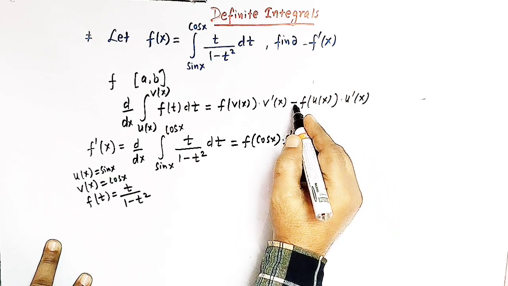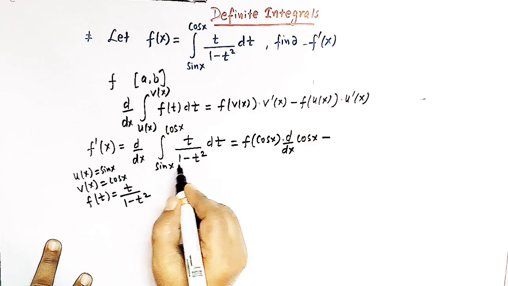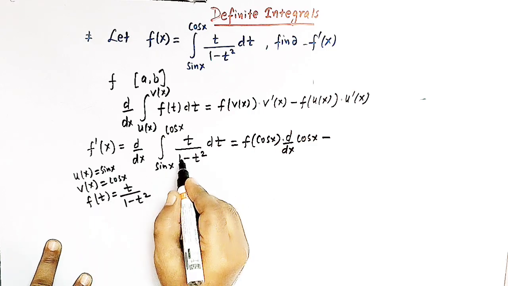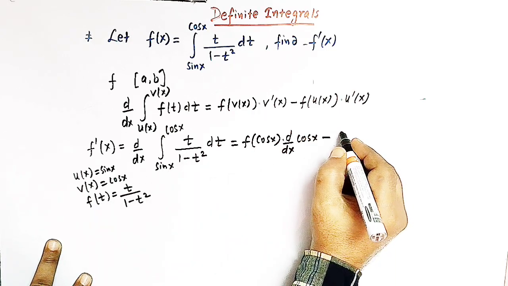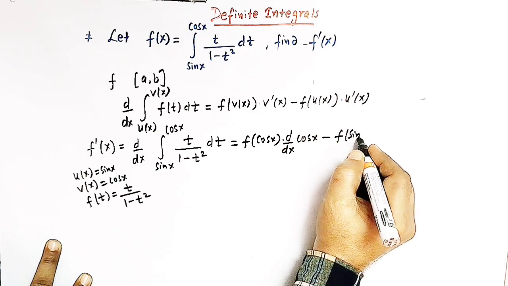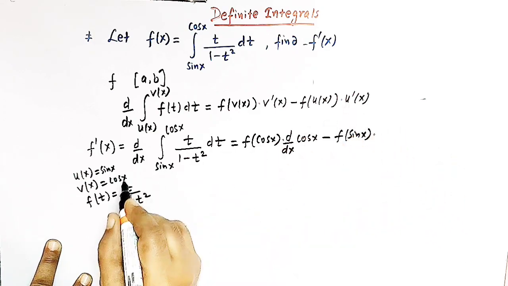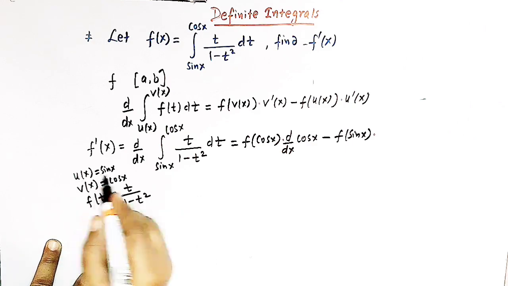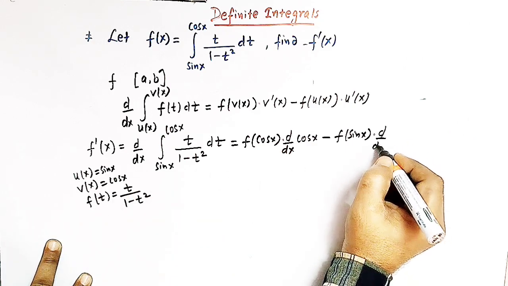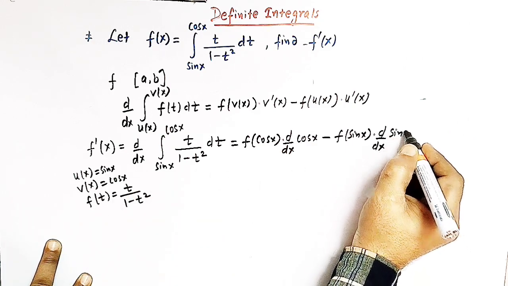Then we have the negative sign, then we replace this t by sine of x, so we have f of sine of x, and then we multiply this quantity with the derivative of u of x, so we have d by dx of sine x.